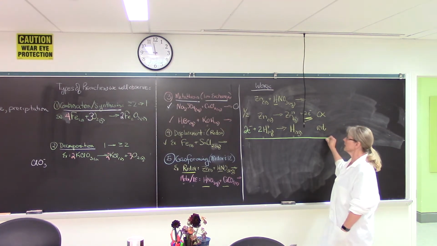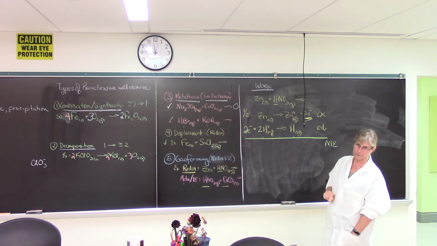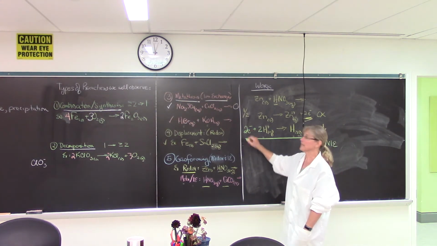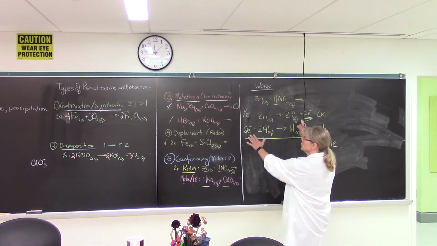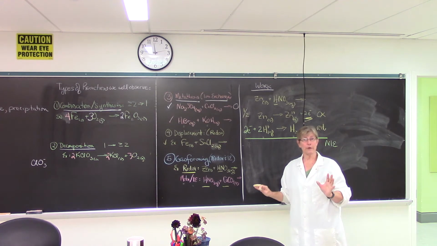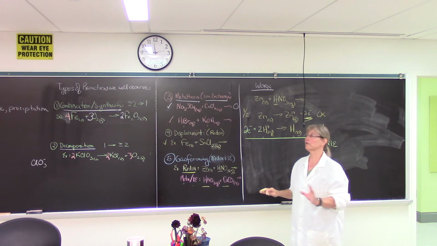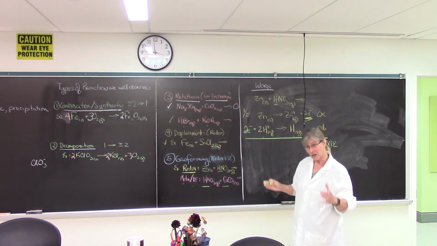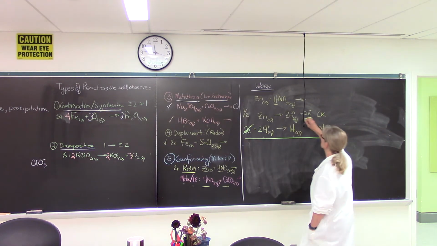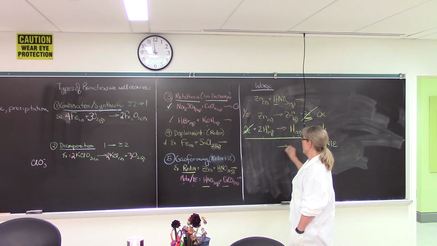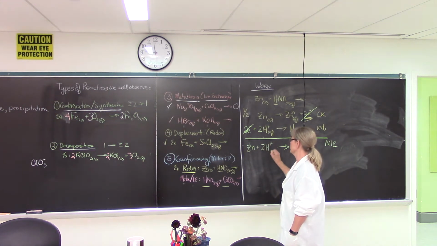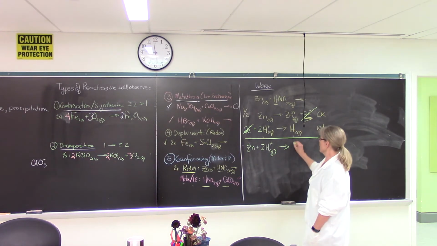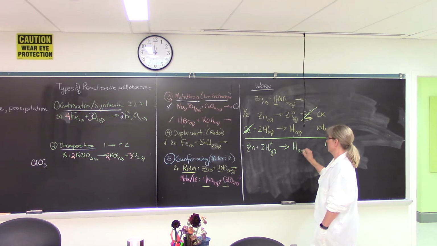Now to get my complete net ionic equation, I just add my half reactions together. This isn't always this easy. Sometimes you have to adjust the half reactions in order to get an equal number of electrons, but I chose ones that are easy. So our electrons cancel, and we end up with zinc and 2H+ becoming hydrogen gas and zinc 2+.